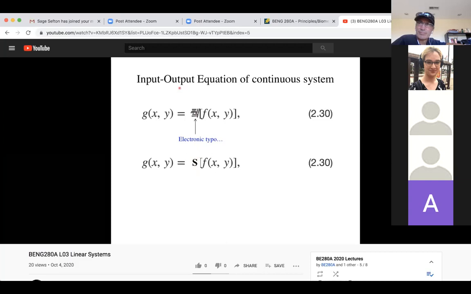And so we're characterizing, in linear systems, the input-output equation: what is the output of our linear system when a specific input goes in. We're going to characterize our imaging system with some set of functions, which we'll call S. This is the input, the actual true object, and this is the output. So whatever we do to the true object, this is what we measure.